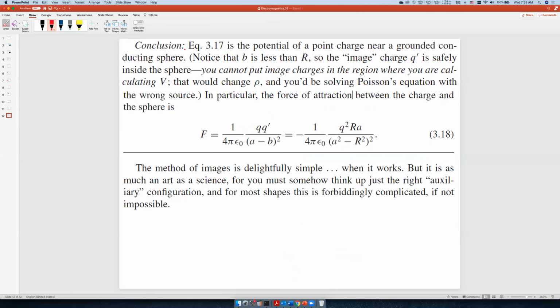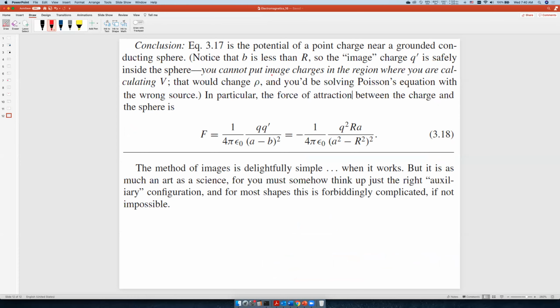And the previous equation is the potential of a point charge near a grounded conducting sphere. Notice that b is less than R, so image charge Q prime is safely inside the sphere.